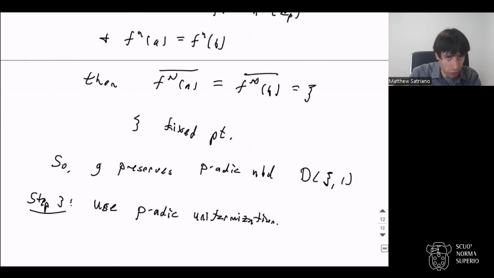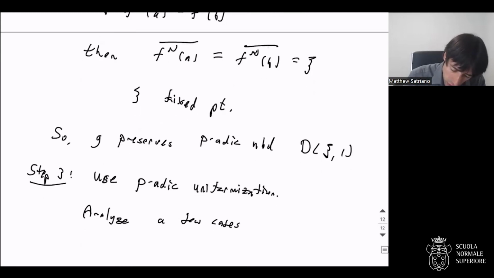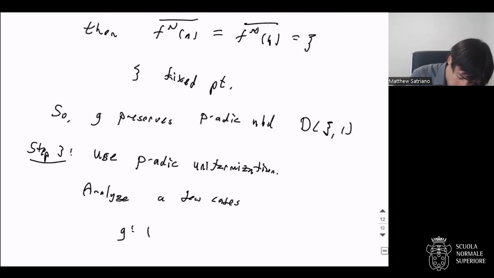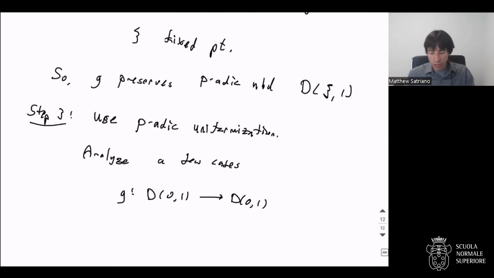There are a few cases that you need to analyze, and that's kind of where the work goes: you need to analyze this map. Well, G can be viewed as a power series, and you need to analyze all the different cases that can show up from p-adic uniformization. So, all right, I'll stop there. Thanks.